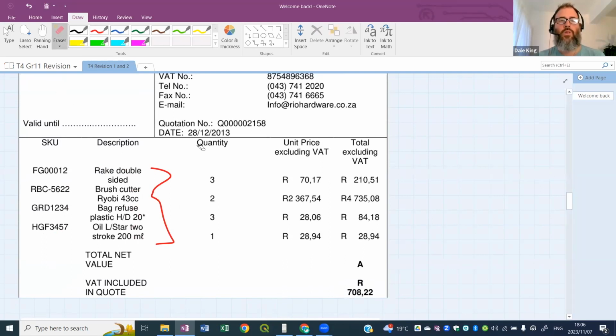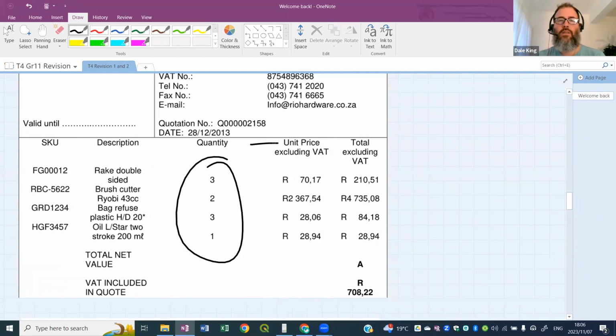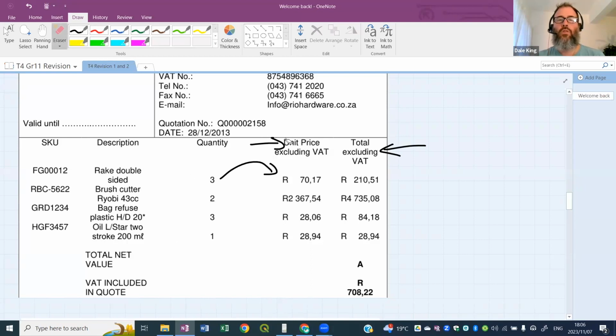Looks like this person wants to start up a gardening business, maybe. And then we have quantities for these products over here, unit prices, price per unit, price for one, okay? And then the total on the right-hand side here is taking the quantity and multiplying it by the unit price to get your total. All right. So quantity times unit price will get your total on the right-hand side there.